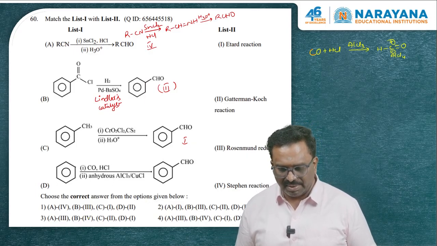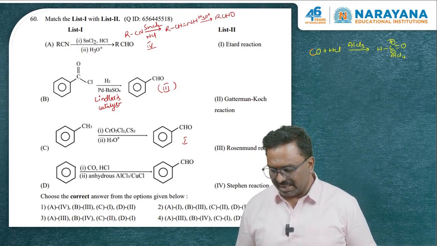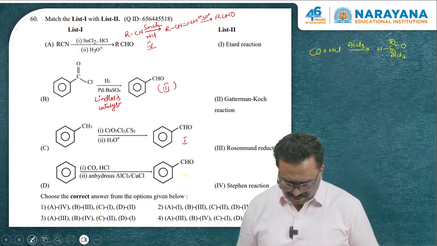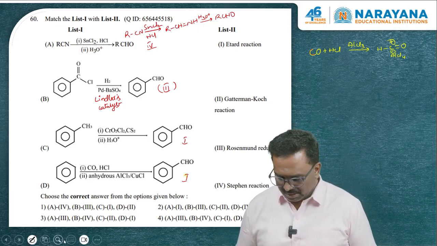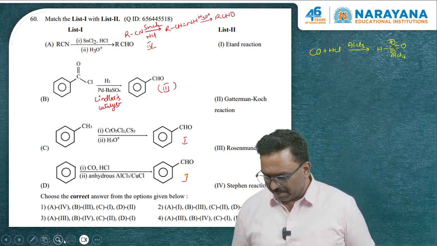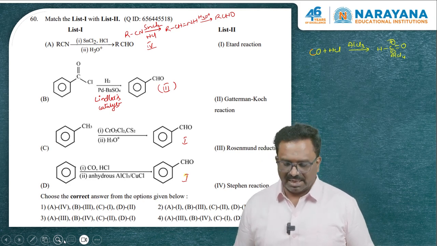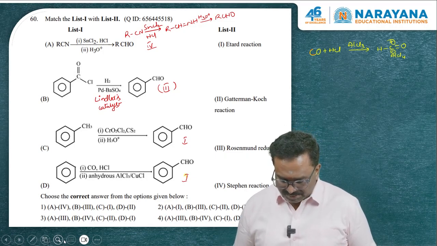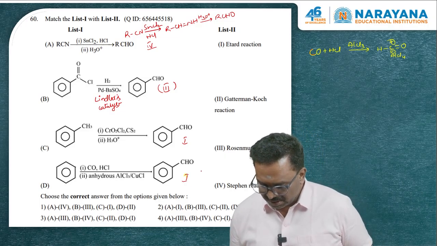So the aromatic ring should be activated and not deactivated, then only this reaction takes place, which is the Gattermann-Koch reaction. So the Gattermann-Koch reaction is for aromatic rings that are activated and not deactivated. If there is no activation of the aromatic ring, the presence of Lewis acids like AlCl3 is necessary, then only the reaction is carried out. So here, A is matching with 4, B with 3, C with 1 and D with 2.